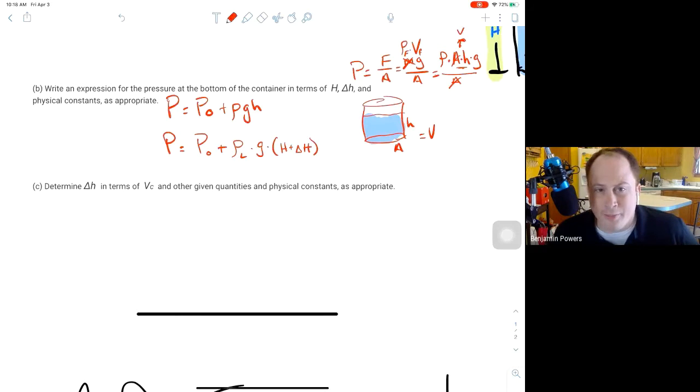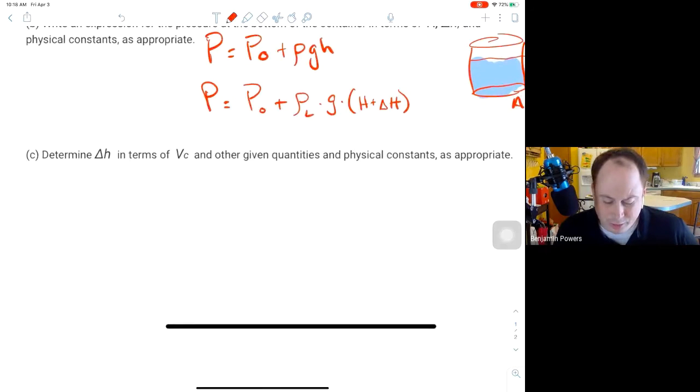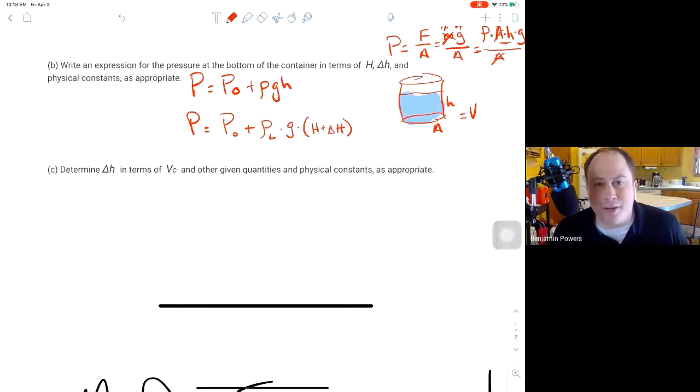For this, you kind of have to do a couple different things. You really have to talk about what is leading to this change in pressure at the bottom. I'm trying to think of a way of knowing what to express just by looking at it. The two conditions you're thinking about are what is going on with this problem before the cube is in, and what is going on after the cube is in the liquid.